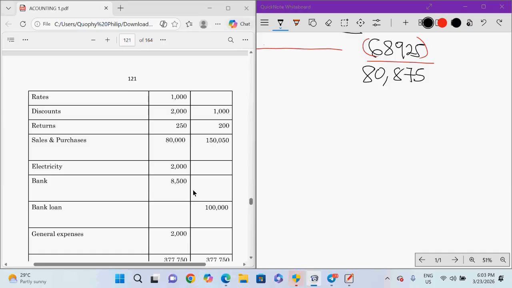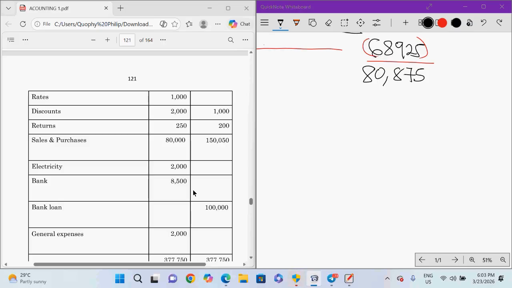Okay, so drawings refers to assets that are taken by the owner for personal use, or maybe money or anything that is taken out of the business by the owner for his personal use.